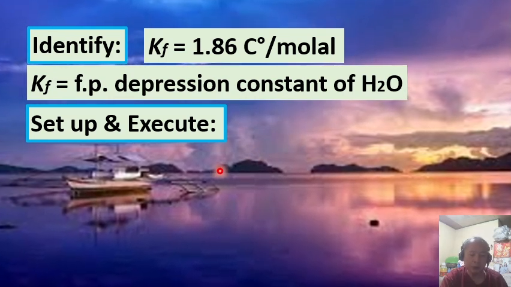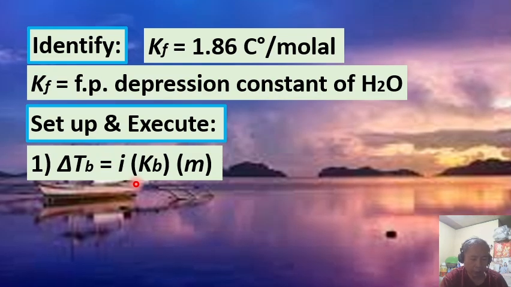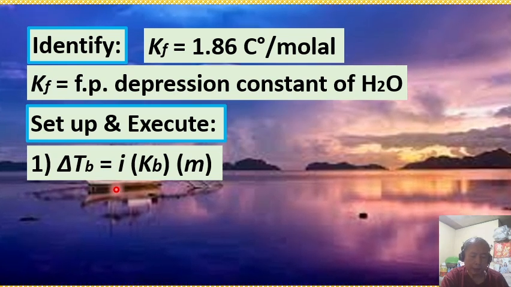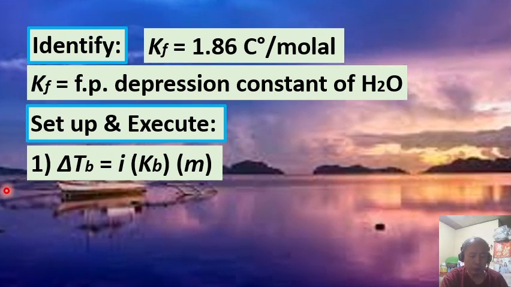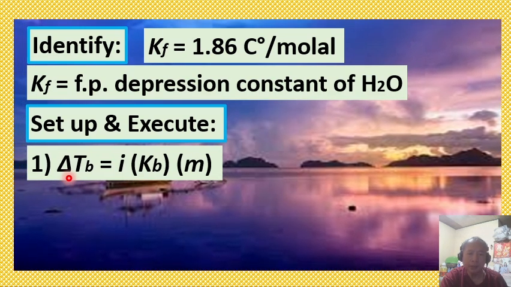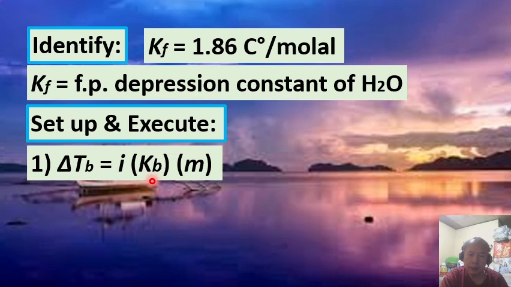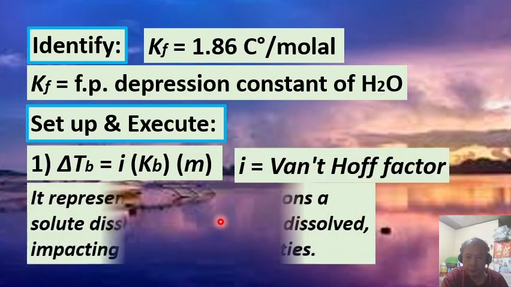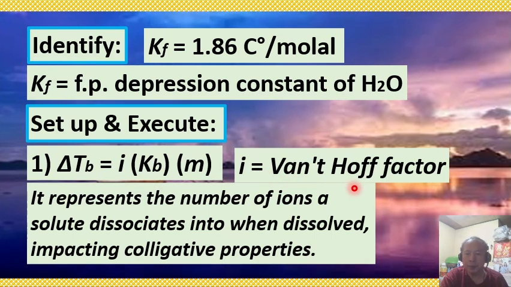So moving on to our computations in question number 1, we first compute the delta capital T sub B, or the change in the boiling point of the sodium chloride solution, using the equation delta capital T sub B equals the product of i, K sub B, and the molality small m, where small letter i is what we call the Van 't Hoff factor.